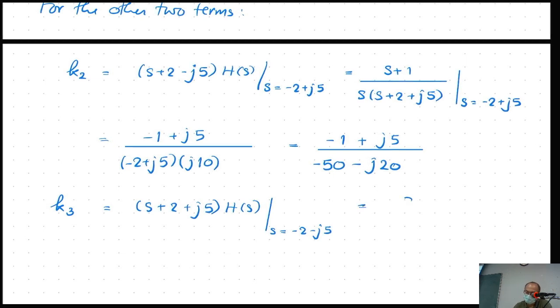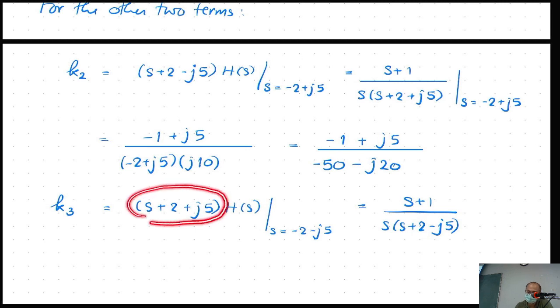Then we have S plus 1 over S times S plus 2 minus j5. The reason I have S plus 2 minus j5 is because I multiplied H(S) by this guy, so it cancels this term in the denominator, leaving us only with this term. And then we plug in S equal to minus 2 minus j5.